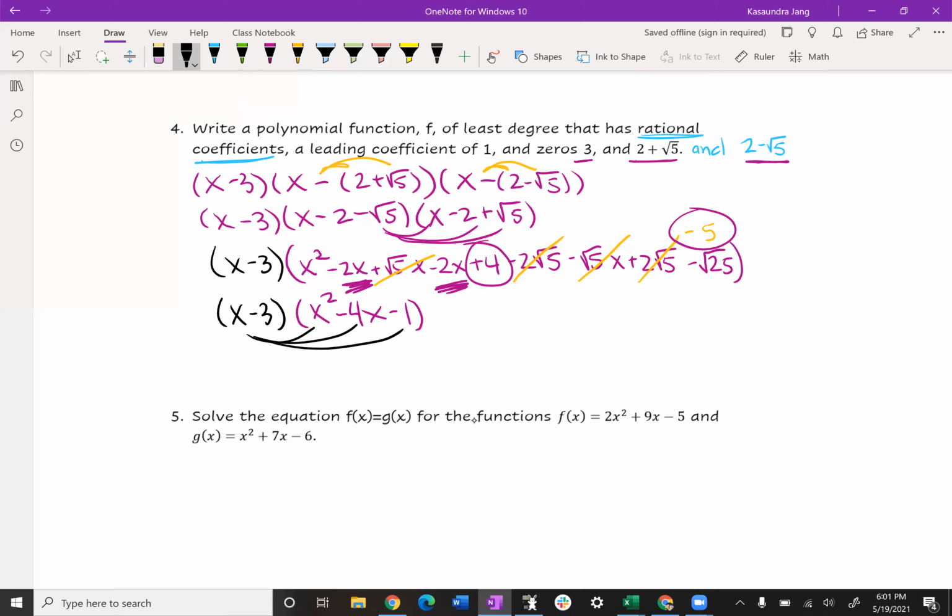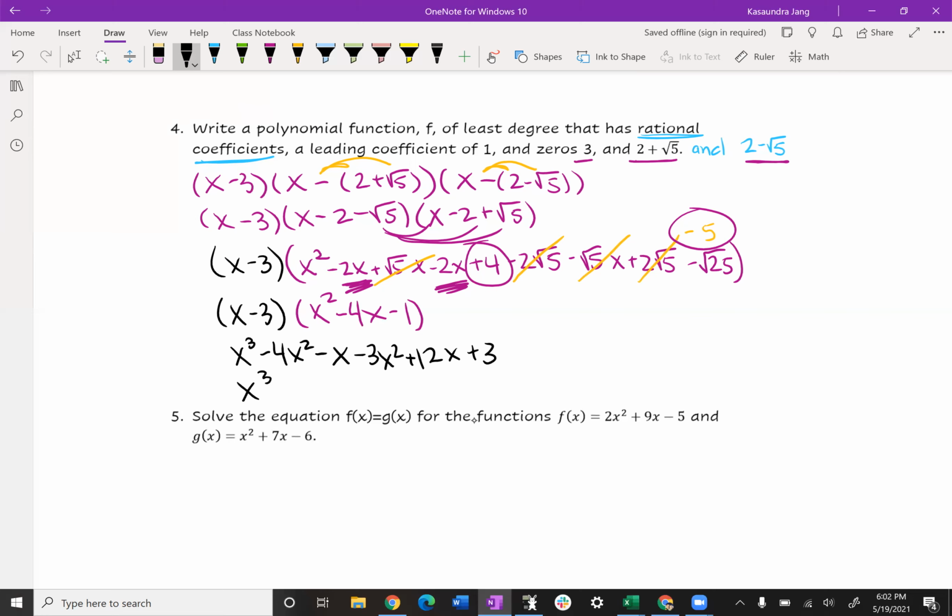So I get x cubed minus 4x squared minus a 1x, or just plain x, and then I'll distribute my negative 3. So I get a negative 3x squared, positive 12x, and positive 3. When I combine my like terms, it looks like I've got x cubed.